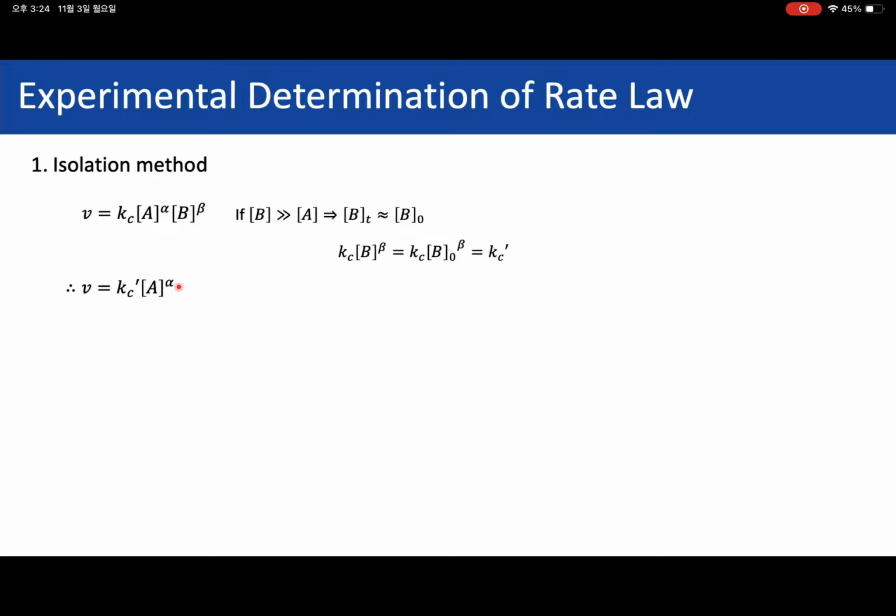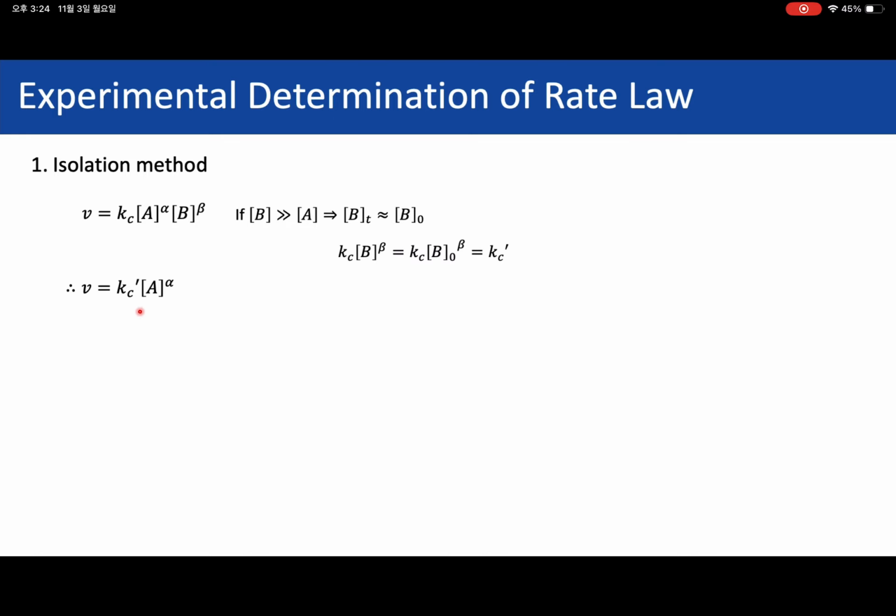Then we can reduce this rate law into this form. This k prime includes this term, which carries the information of the initial concentration of B. So now we have reduced this rate law from two variables into one variable.